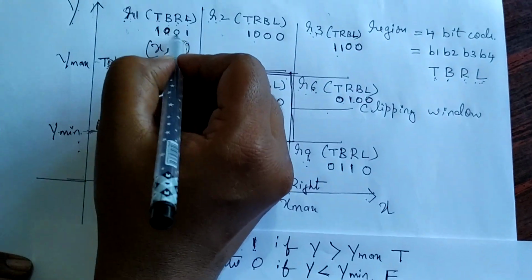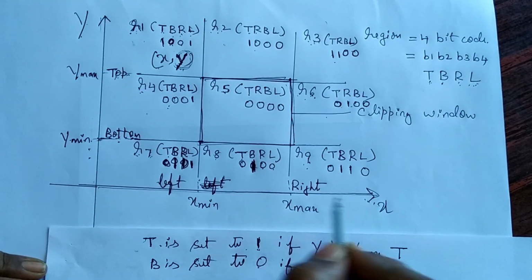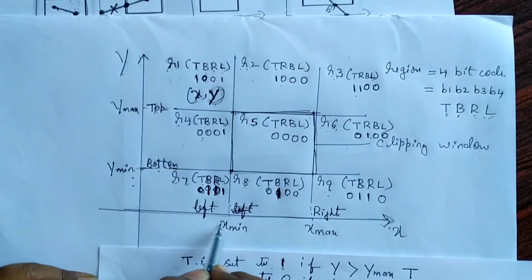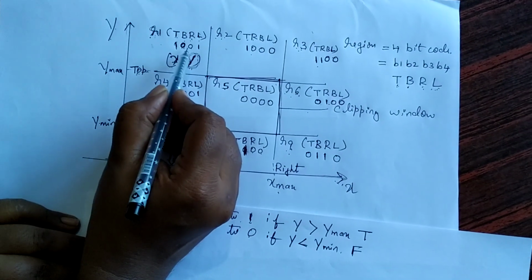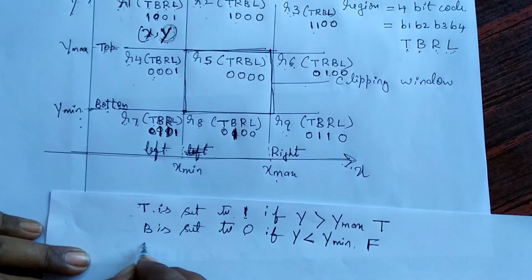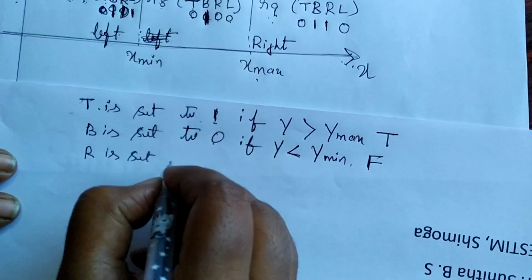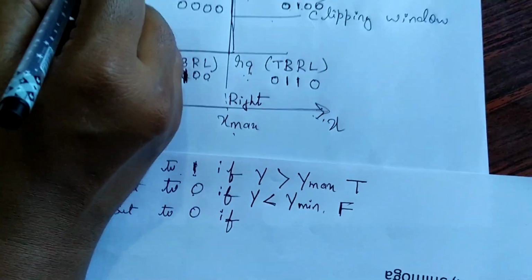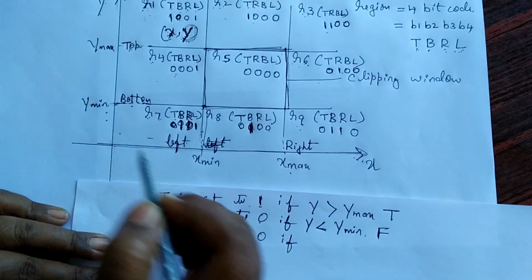Next we'll go for right and left, which we check along the x-axis. So I need to check whether x is lesser than x minimum, or x is greater than x max. Depending on that, we decide whether left and right are 1 or 0. For left, I need to check L. This is my x minimum.